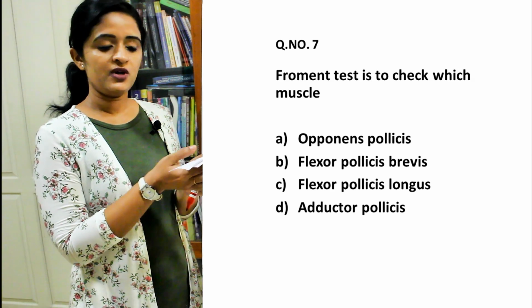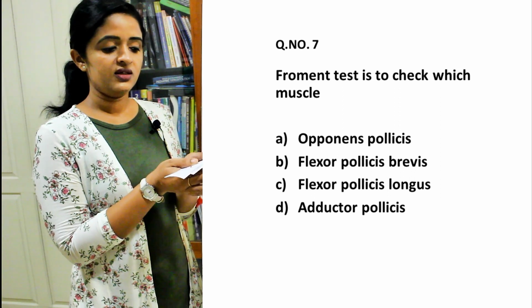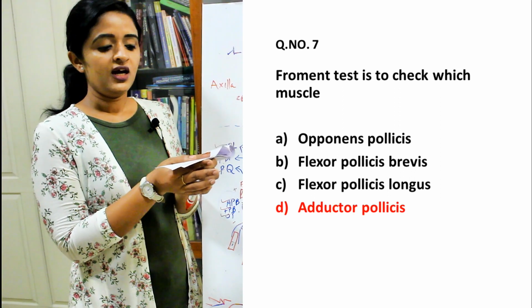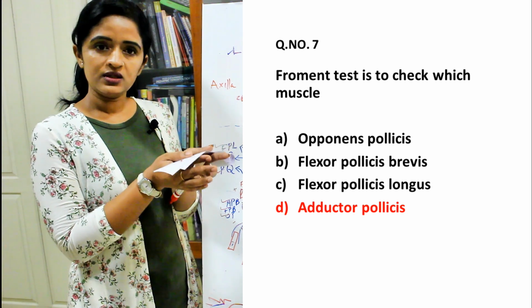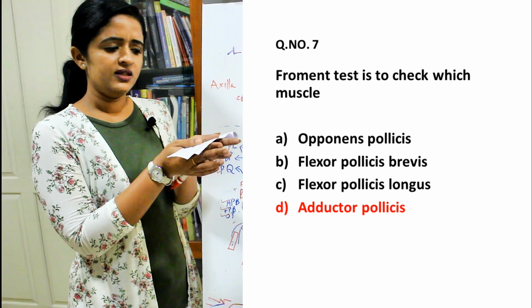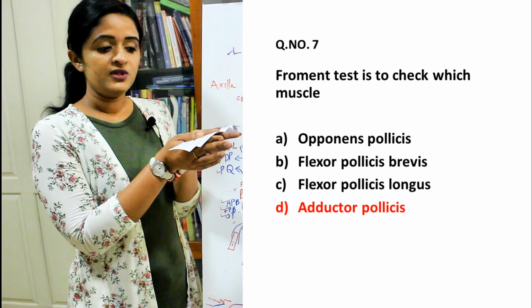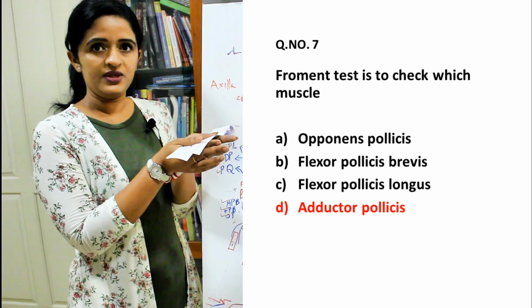If you ask the patient to keep the paper between the index and thumb finger, and if you try to pull this, what happens is if the adductors are strong, he will try to resist your pull by holding the thumb straight, and the paper will be held between the index and the thumb will be straight.